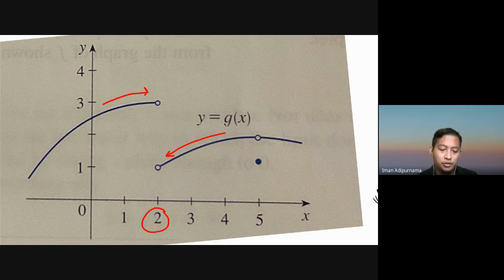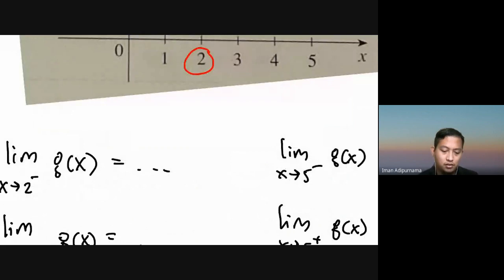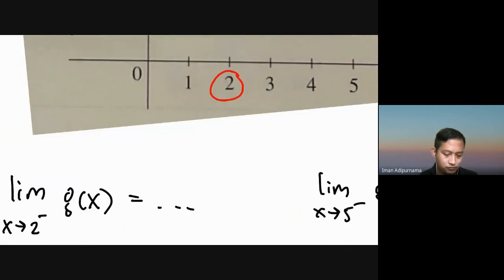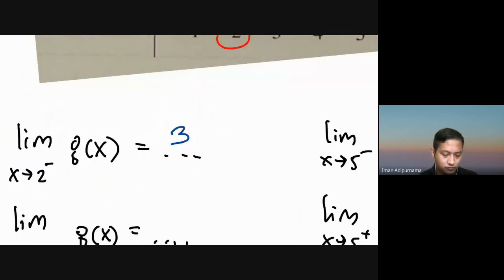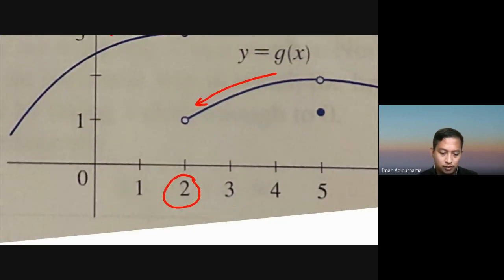When approaching 2 from the left, that's the first question here, it's 3, right? And when you look at this one here, it's 1.